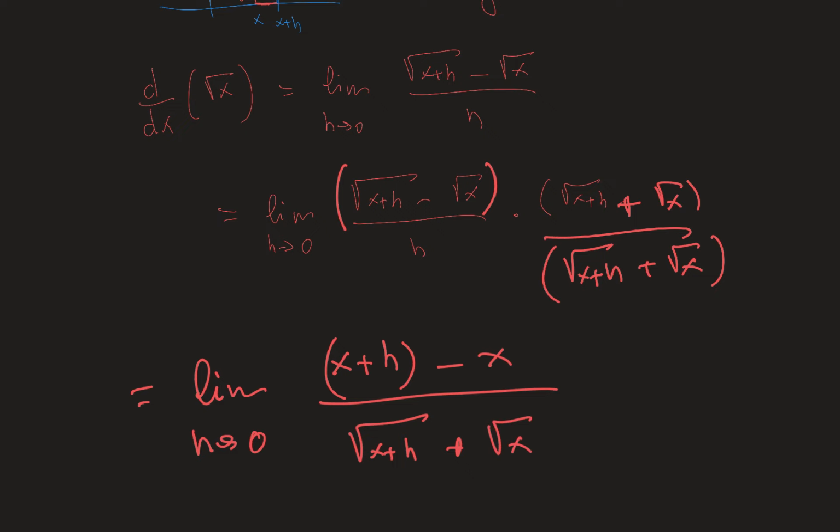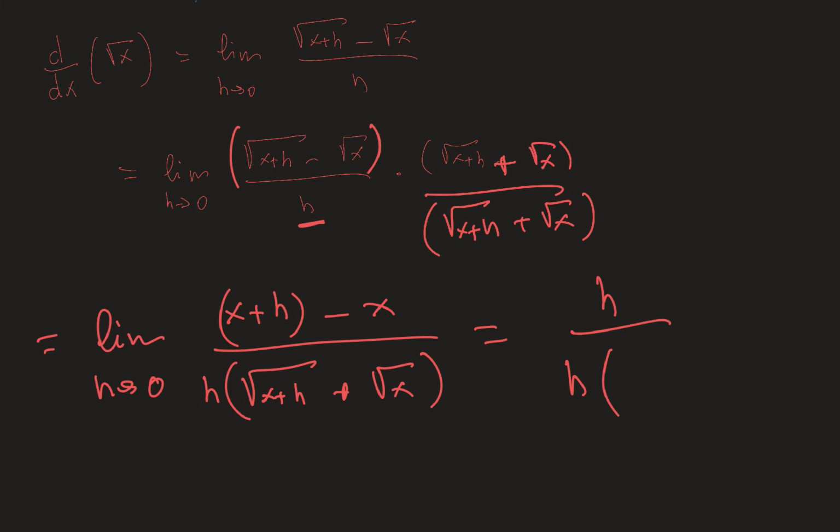And now I have 1 divided by h, here this h, here h. And now this is h in the numerator, h in the denominator, a square root of x plus h plus a square root of x.